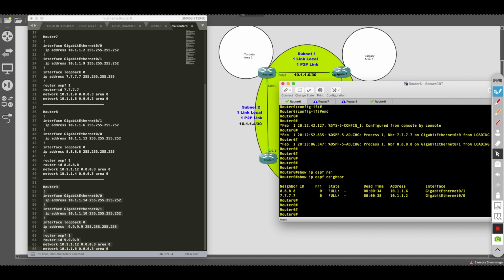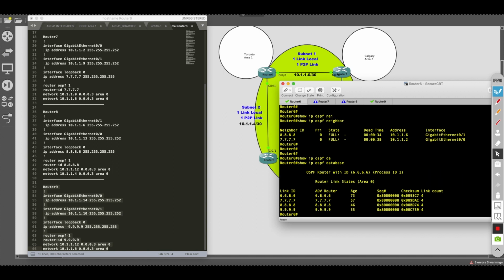The reason why that's also beneficial is if I do a show ip ospf database, we have just eliminated the need for the LSA type 2 packet to coexist with the LSA type 1. I'm learning about the topology directly from my neighbors, as opposed to having a designated router and backup designated router soliciting those updates on behalf of me.